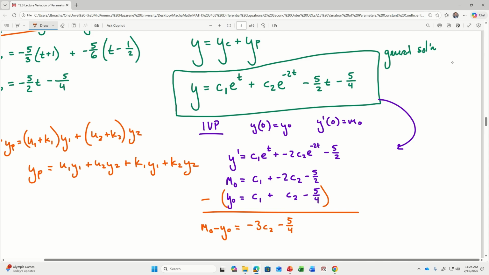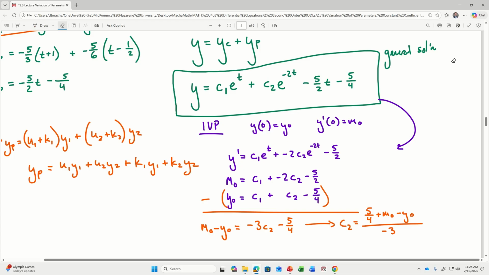And that would allow me to solve for c2, because that would be 5 fourths plus m0 minus y0 divided by a negative 3. So c2 is solved for.